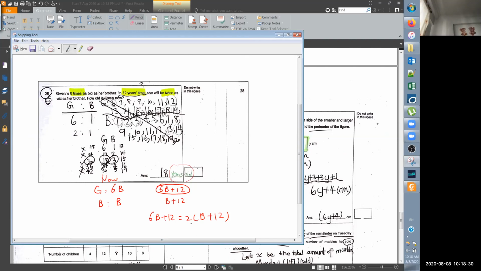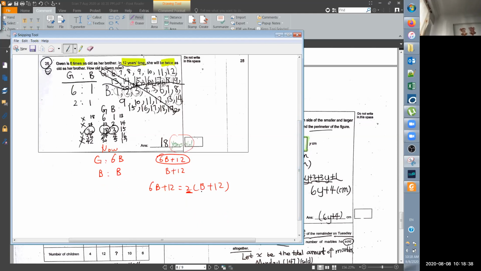It says 2 times, right. So once you get this, all you need to do is solve for b. What is b from this? It's 3.